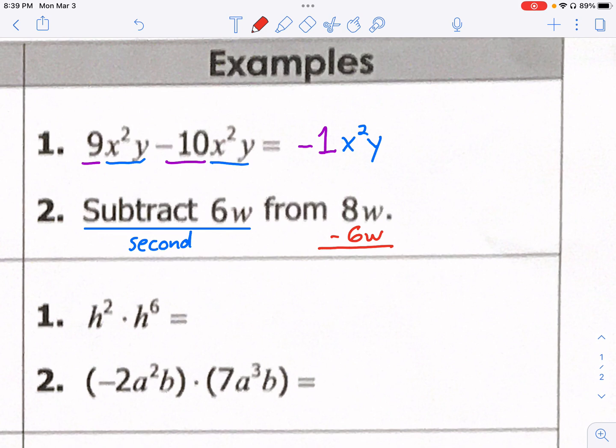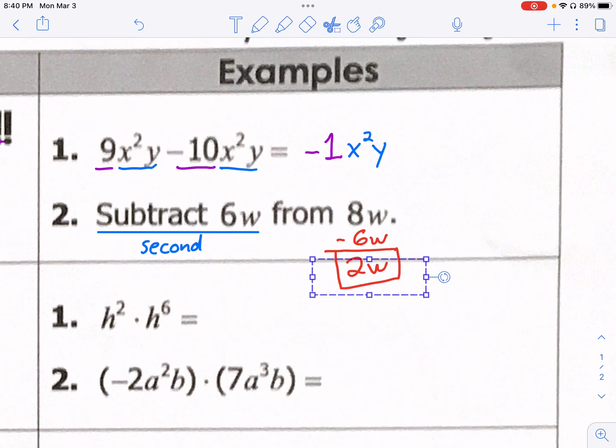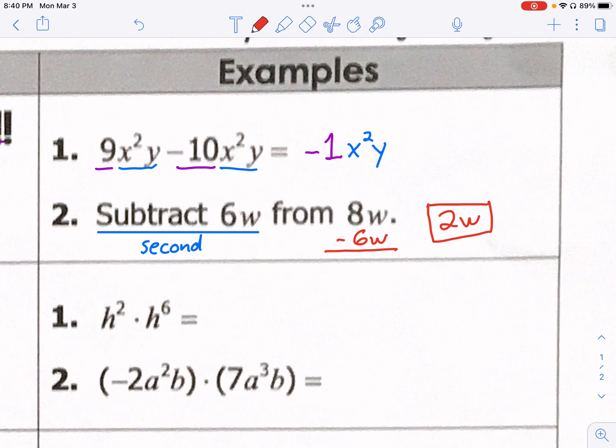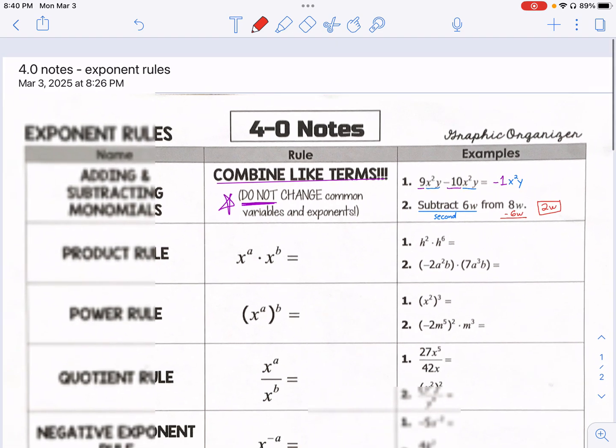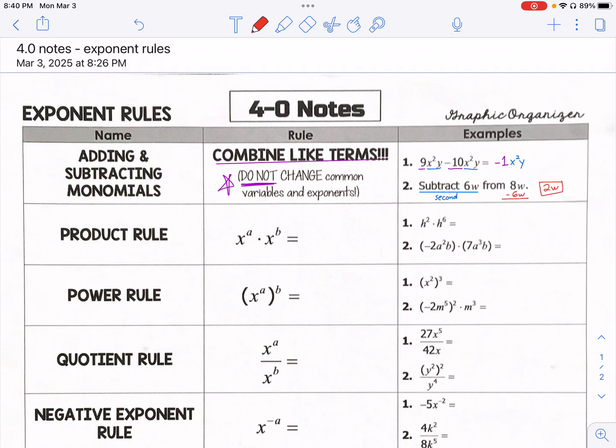Again, a lot of people mess this up because they accidentally go in order. They do 6 minus 8. Subtraction, you do need to be careful. So again, 8 minus 6, I get 2w. That's going to be your answer for this one. And I'm just going to move that over here. All right, so that is that first section, adding and subtracting.